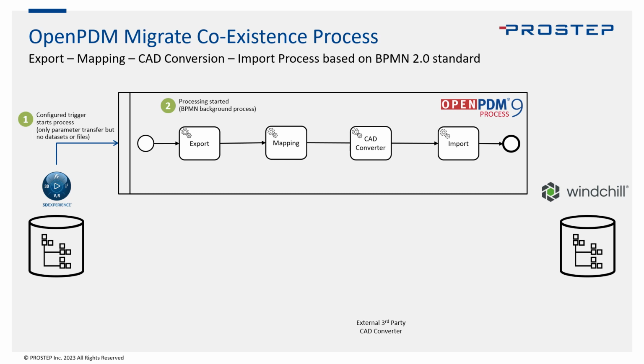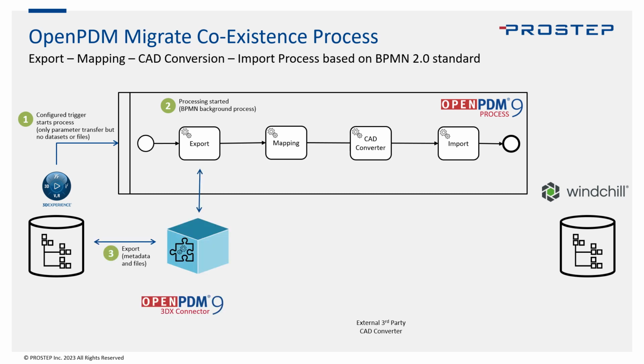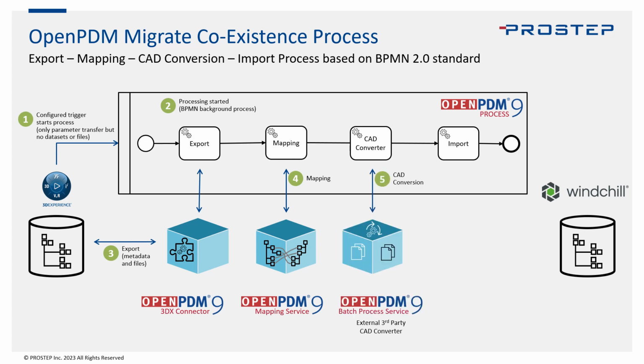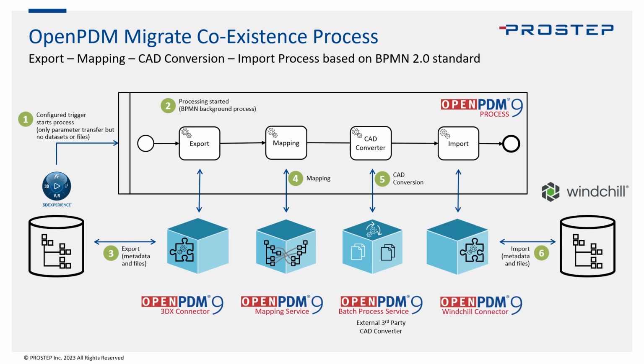Behind the scenes, you would start that within the background in the OpenPDM process server, use the OpenPDM connectors to export the data or the CAD with a controller, the mapping service to map it, batch process service in order to do translation if you need some conversion, and then import the data to the other system with your OpenPDM connector.